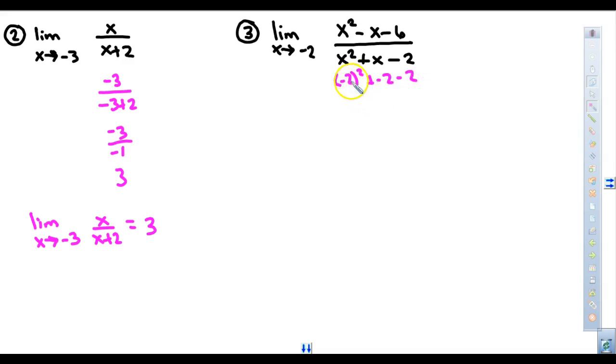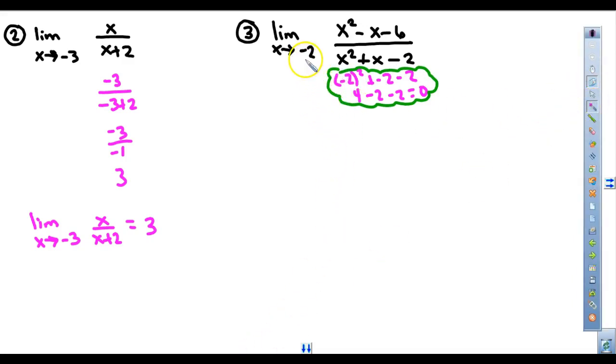That's going to give me 4, -2 is 2, -2 again gives me 0. All this works out to be 0 in the denominator. And again, this is what I want you to be thinking. I don't really want you to have to write this down. So this is my little think bubble. Do that in your head. You don't have to write that down for me.